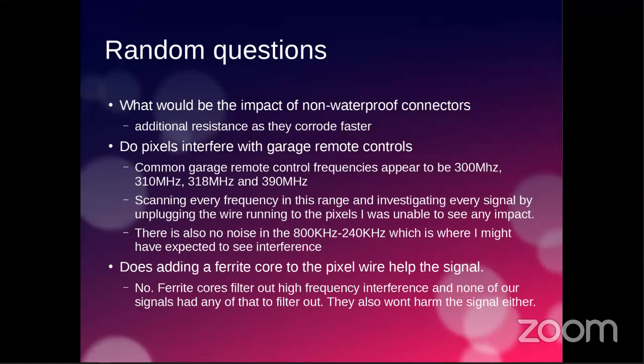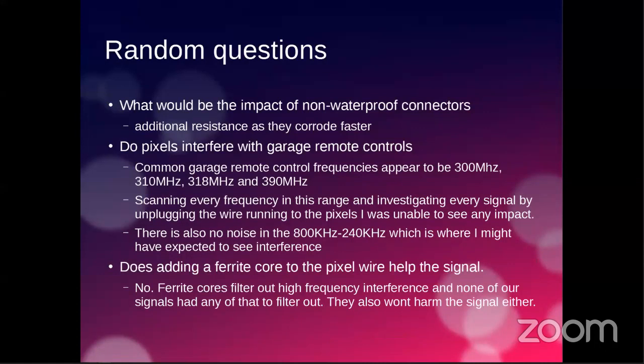So you may not get as much difference if you're not using waterproof connectors, or even if your waterproof connectors have been subject to corrosion. I have also read a whole bunch of people having issues with garage remote controls. So I did a bunch of testing. I put some pixels together, and I put a software-defined radio on my computer and started to scan frequencies which are commonly used for garage remotes and look for interference.